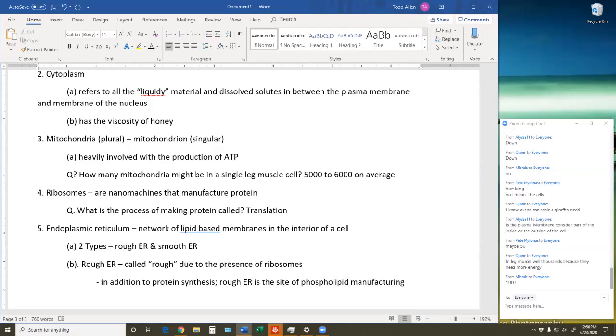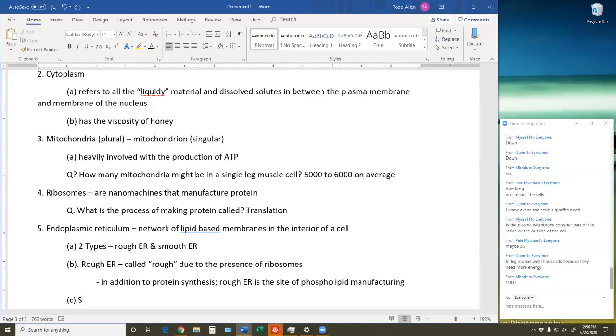In other words, the phospholipids that make up the plasma membrane of the cell, one of the primary sites that they are chemically put together is at the rough endoplasmic reticulum.